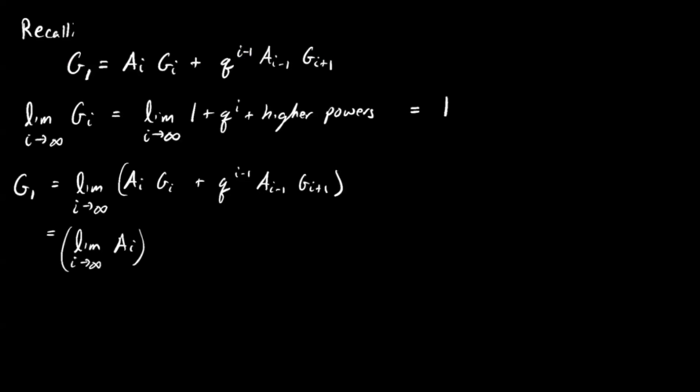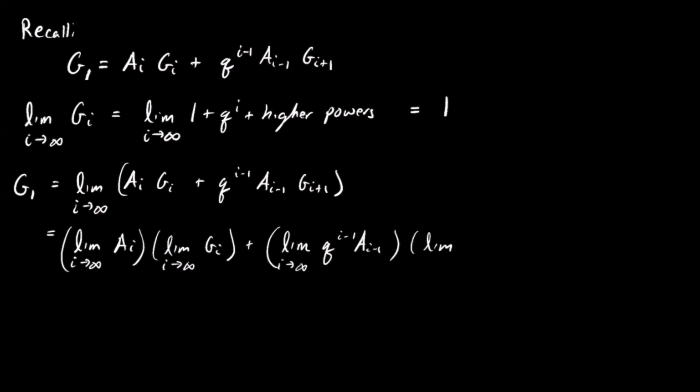The limit of A_i times the limit of G_i as i goes to infinity plus the limit of q^(i-1) A_(i-1) as i goes to infinity times the limit of G_(i+1) as i goes to infinity. All right, so we could rewrite this way.